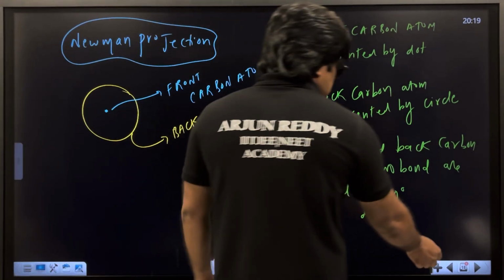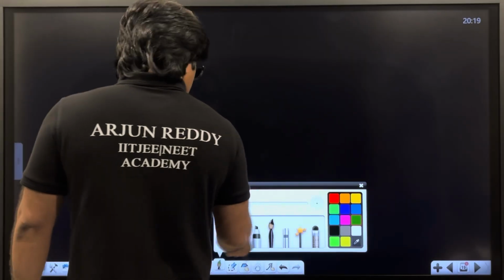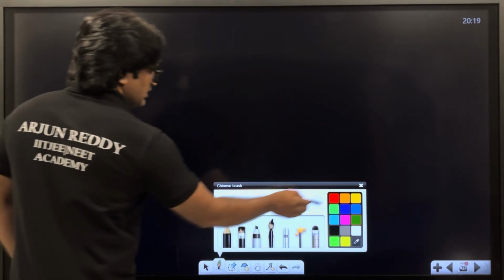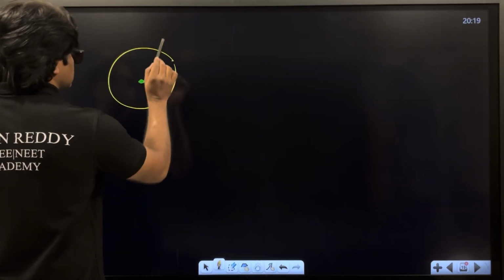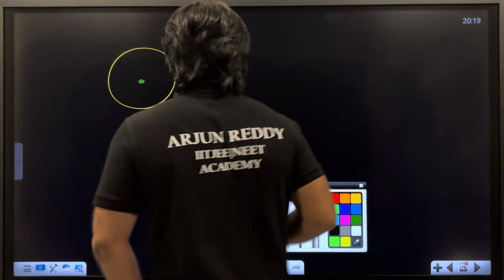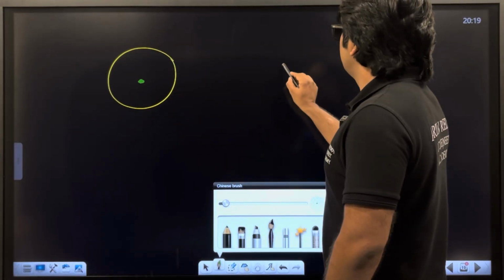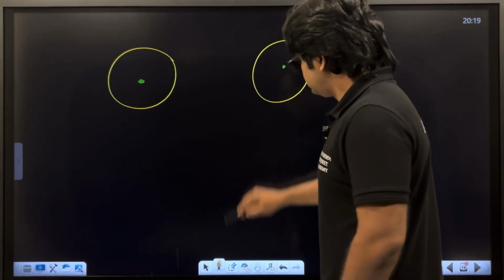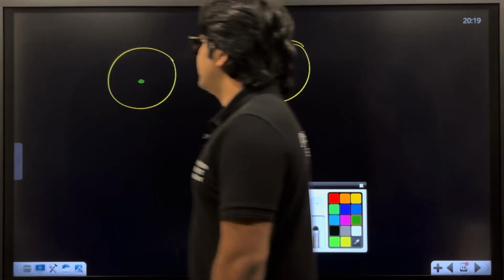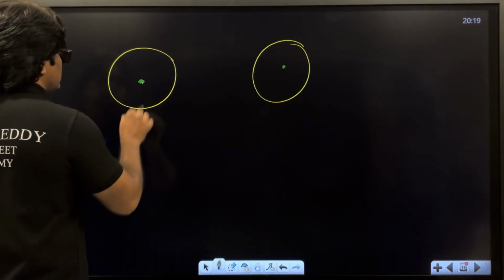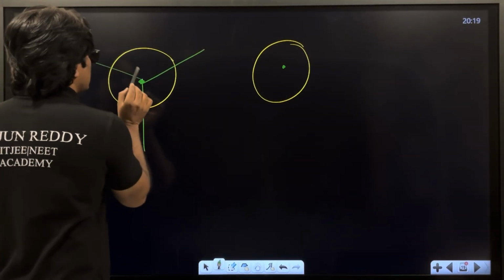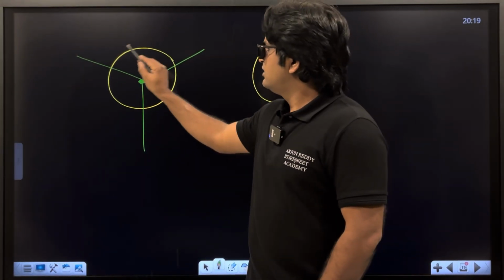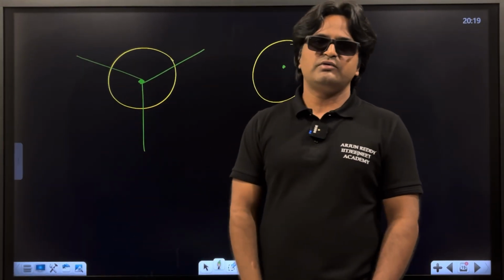For example, if you want to write using Newman, let this be the front carbon, and next this one the back carbon atom. Different varieties are there. I am going to take the first one like this. What is the arrangement of atoms or groups? Here the arrangement of atoms is like this. You observe that between any two bonds, the bond angle is 120, 120 as well as 120.